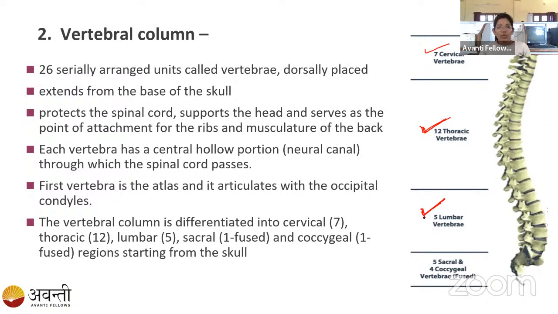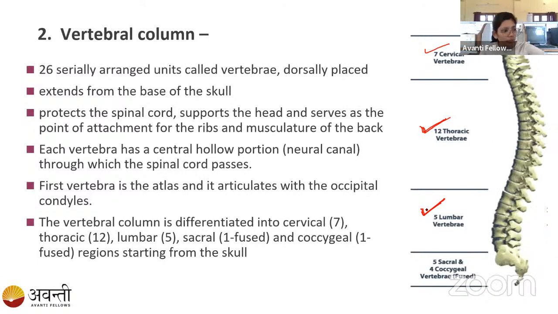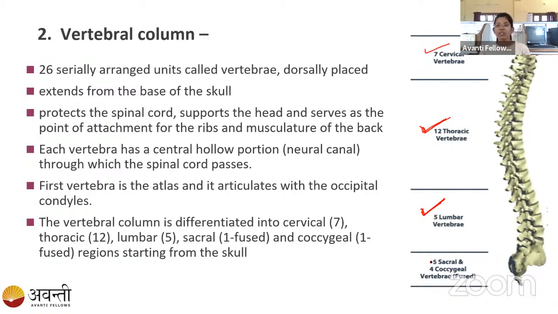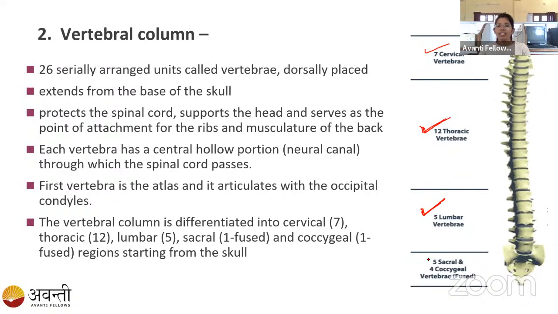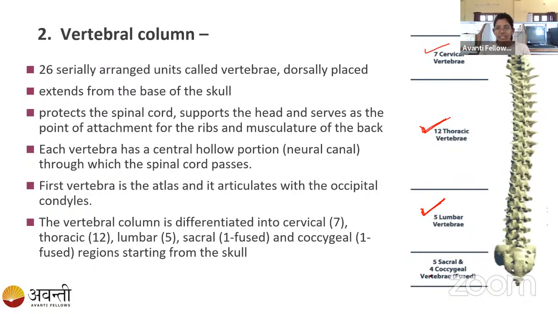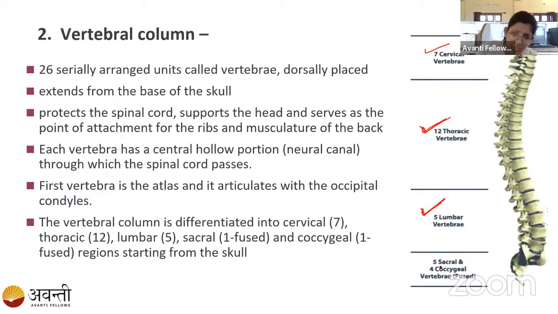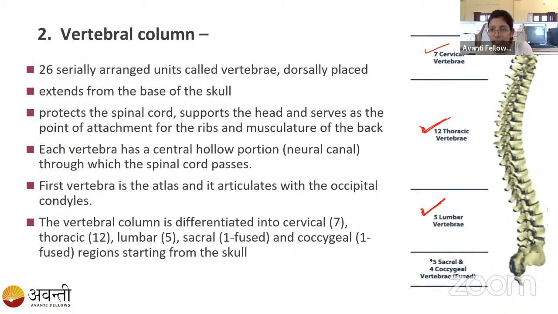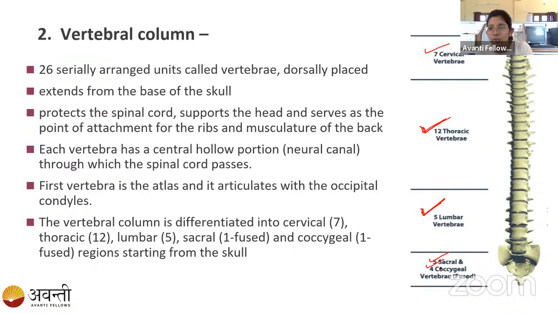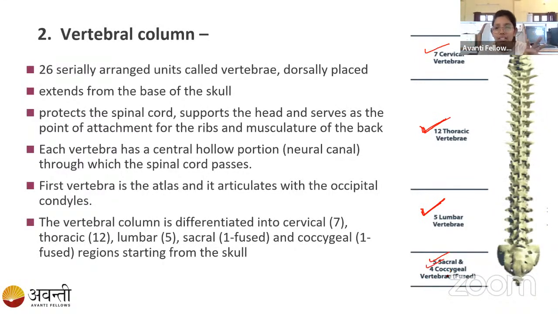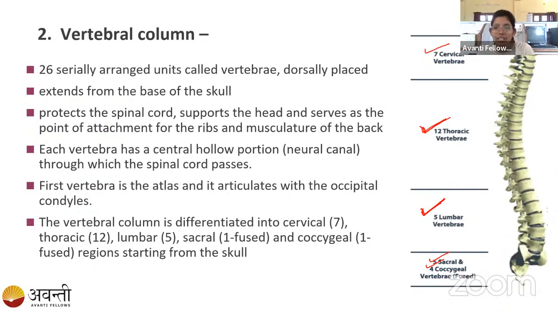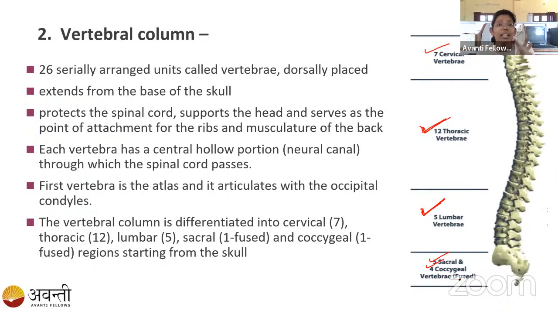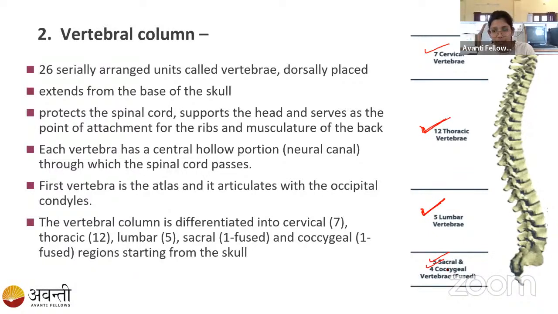After the lumbar vertebrae, we have the sacral and coccygeal vertebrae, and these are fused. 5 sacral and 4 coccygeal vertebrae are all fused together.